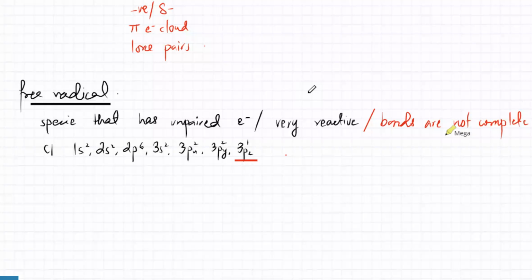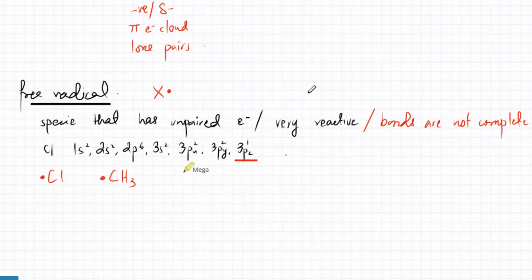And the way you denote free radicals is with a dot. That dot could be anywhere around it. It just shows that the bonds are not complete. So for example, if I have Cl, I'm going to write Cl as this. If I have CH3, CH3 would be written as this.